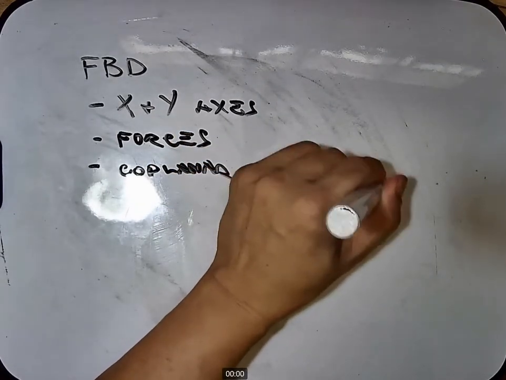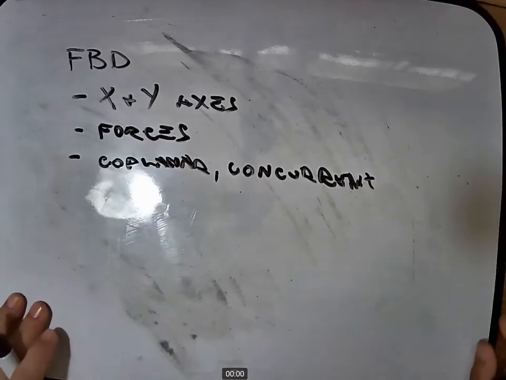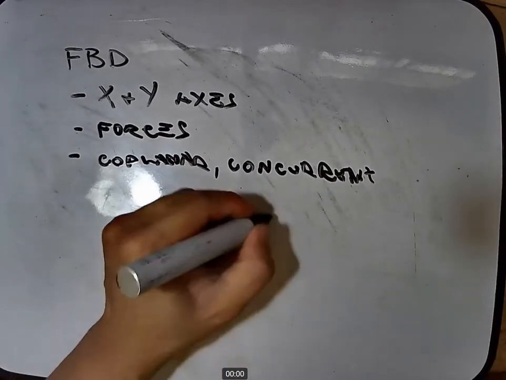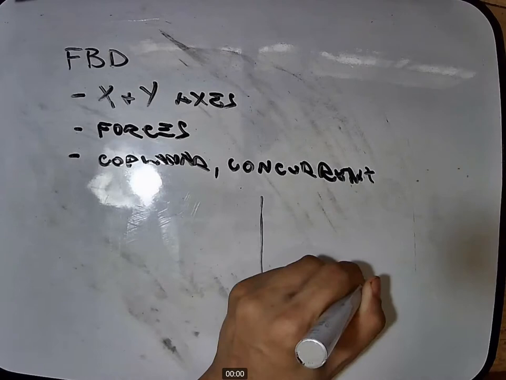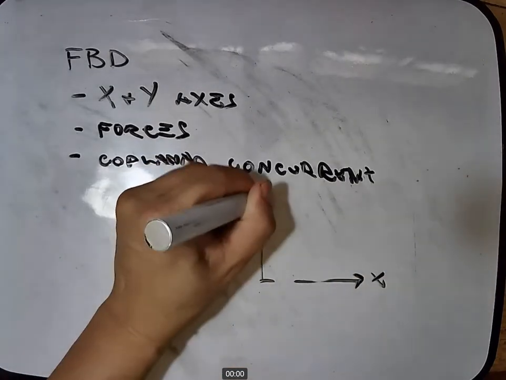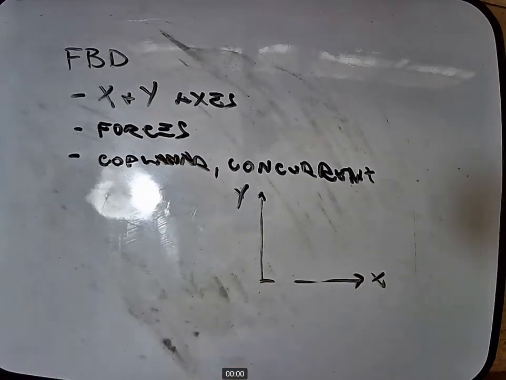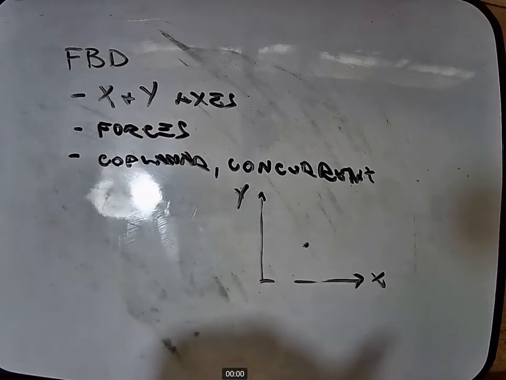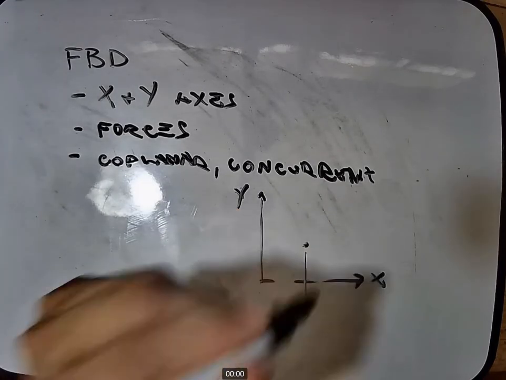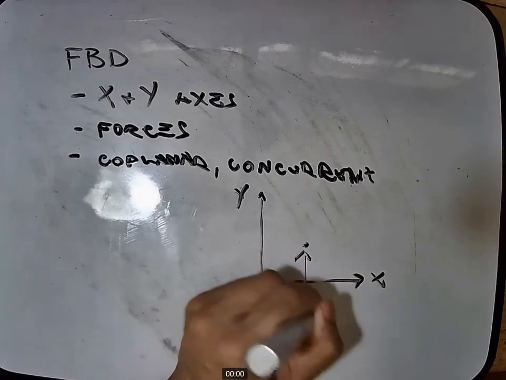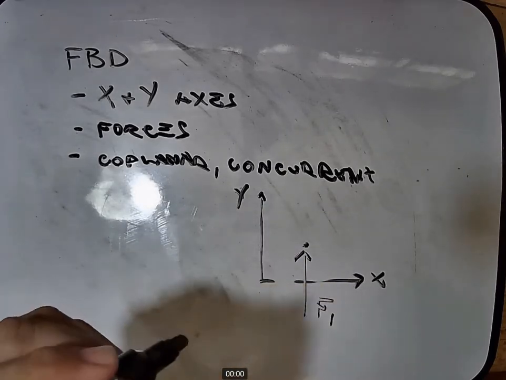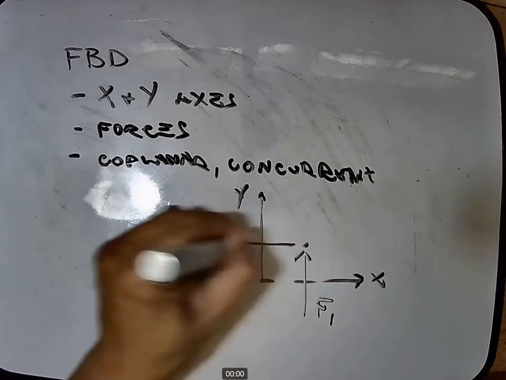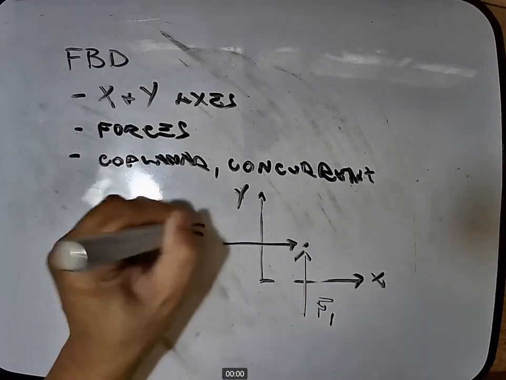Okay, let's take the x and y axis. So this is the x, then we have the y, and then we have the forces. Let's say, we have force 1. Then, we also have force 2.